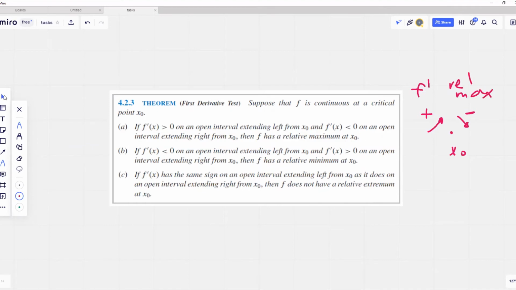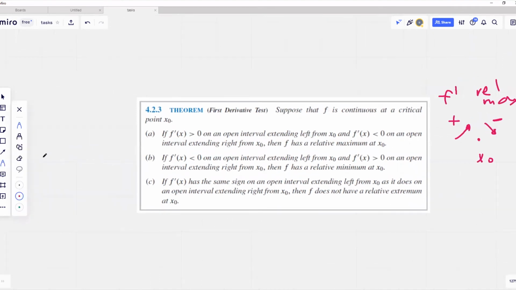And similarly, in part B, if our function is decreasing on some open interval extending to the left from x0, then it attains its minimum value at x0. And if it is increasing on some open interval extending to the right from x0, then at this point we have a relative minimum point.